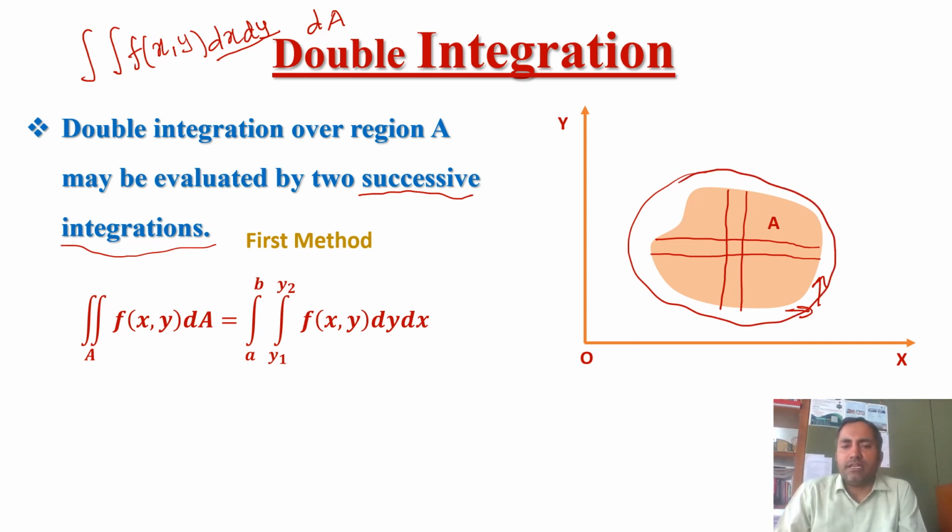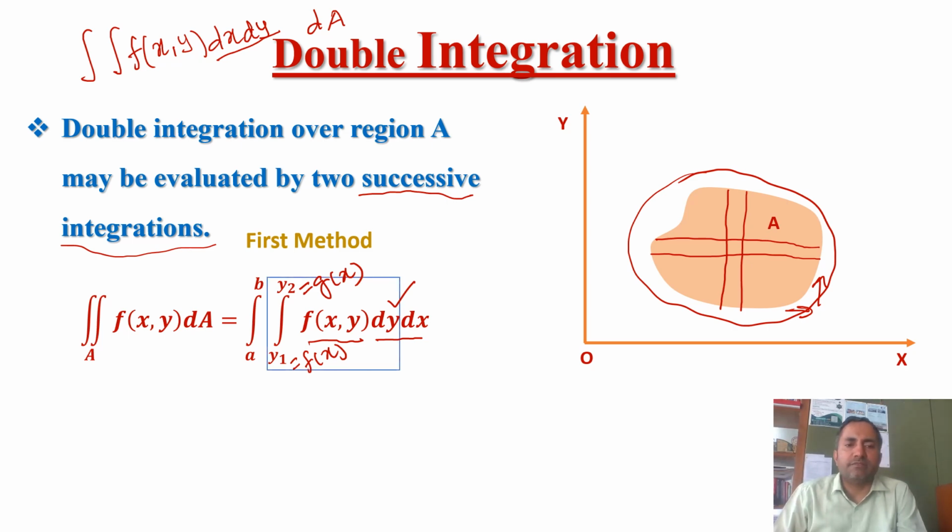The function that you require to integrate with respect to dy dx. Here you can see y1, y2, two functions are given. Let's say y1 is equal to f(x) and y2 is equal to, let's say, g(x). These two limits say that first we are integrating with respect to y.